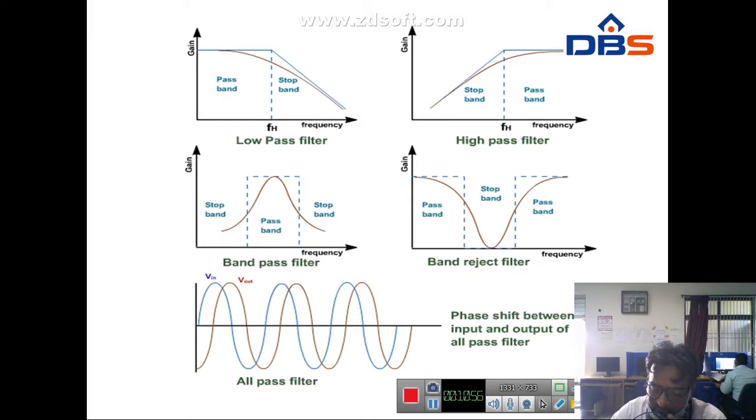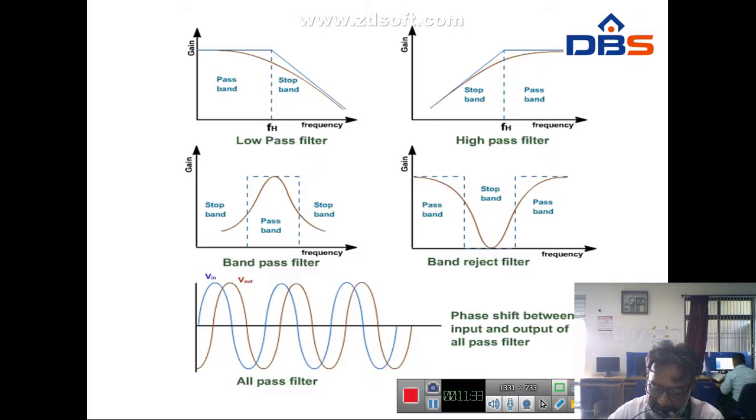For a band pass filter, the pass band is between two cutoff frequencies, fh and fl, where fh is greater than fl, so we have two stop bands: f lies between 0 and fl, and f is greater than fh. The bandwidth of the band pass filter is therefore equal to fh minus fl.